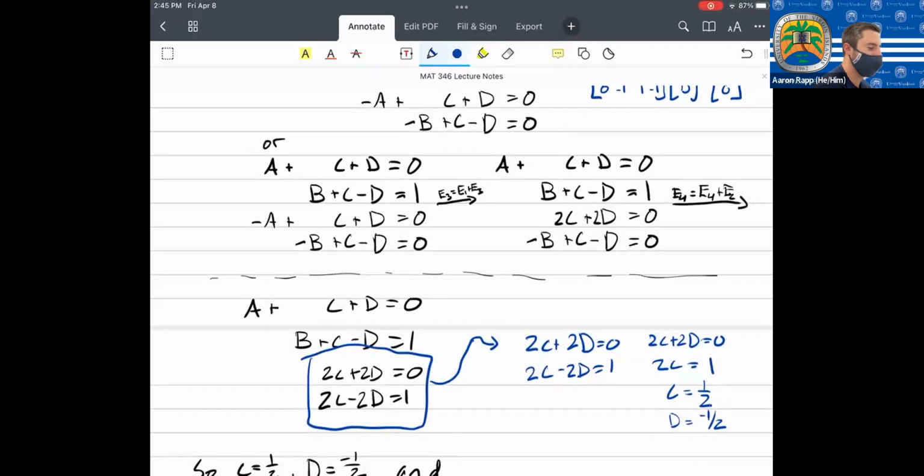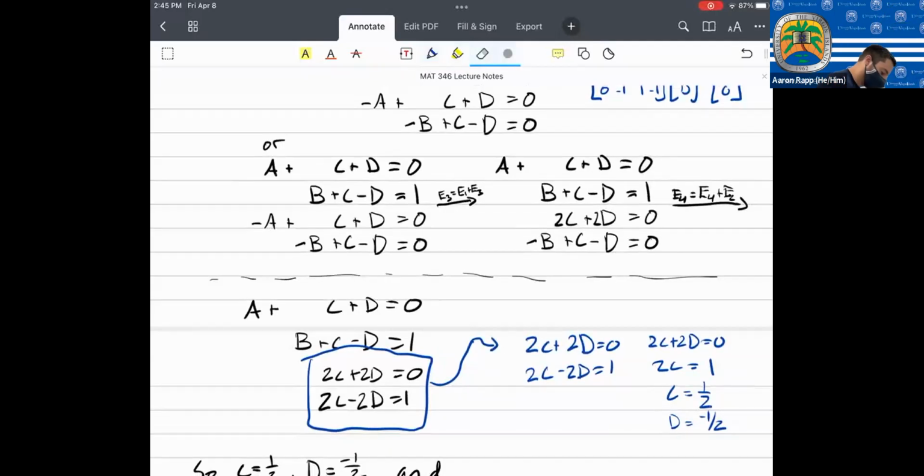Oh, I know what it is. You see it? Here to here. Should not be a 2C, it should be a 4C. Which means really my C should be what?